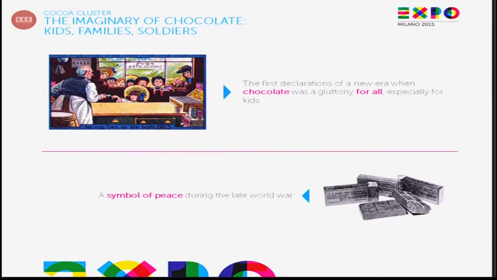And we dedicate a short sentence to the fact that during the Second World War, the chocolate pack was a sort of symbol of peace given by the American army to the people who were liberated from the Nazi occupation.